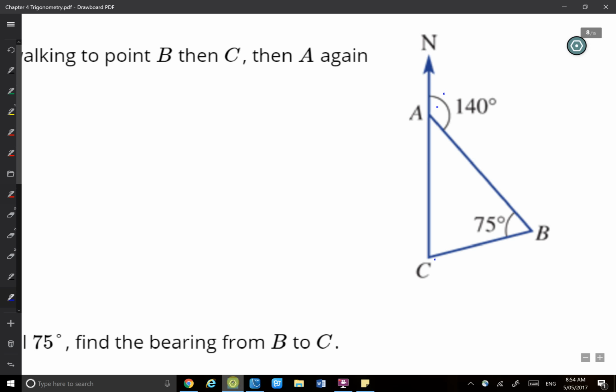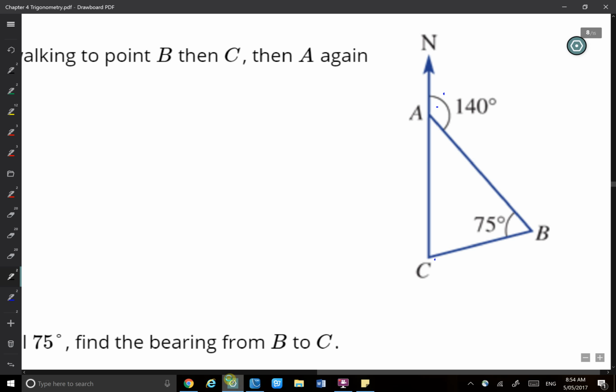From B to A. When you see the words from B, you need to sketch that. That is from B. That's north, that's east. I will extend this a little bit longer.